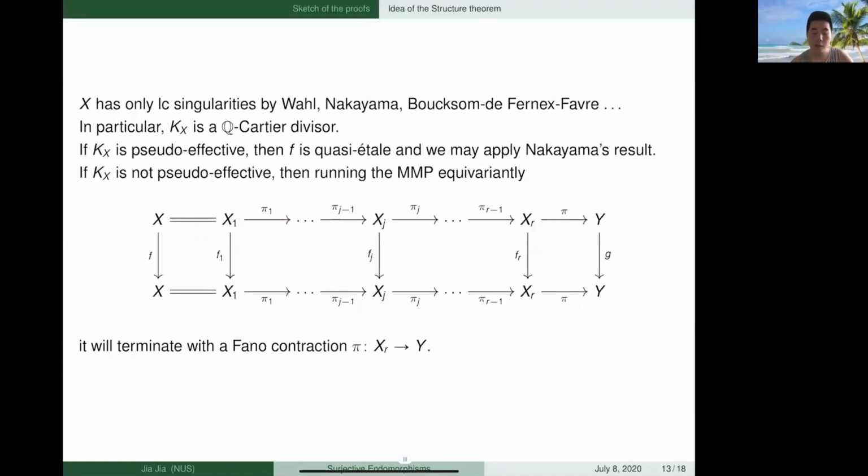Yeah, so I will go through a sketch of the proof of our structure theorem. In our structure theorem, we assume the endomorphism F is non-automorphic. Then X has only LC singularities.